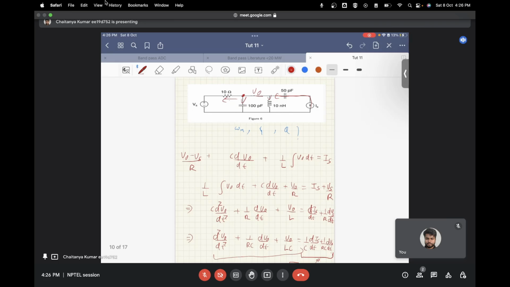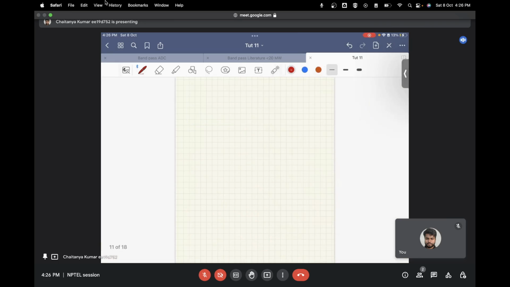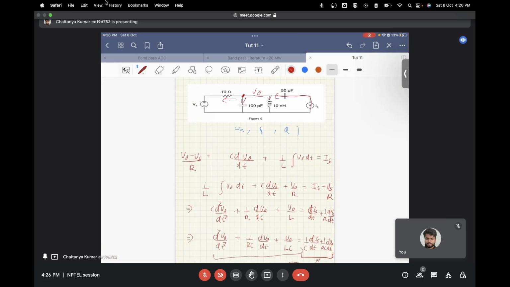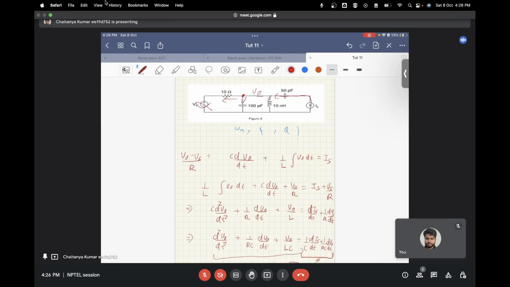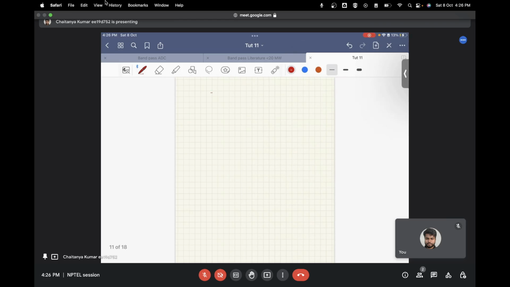Now if you see how this is a parallel RLC network, what you need to do is de-energize all the sources and then see what kind of network it is. If you de-energize the voltage source, it becomes a short circuit. If you de-energize the current source, it becomes an open circuit. So the network looks something like this.